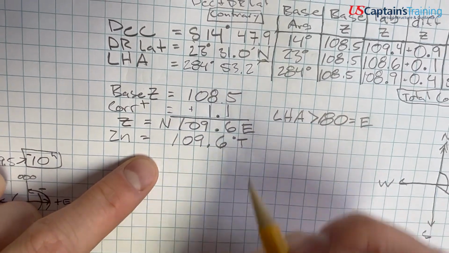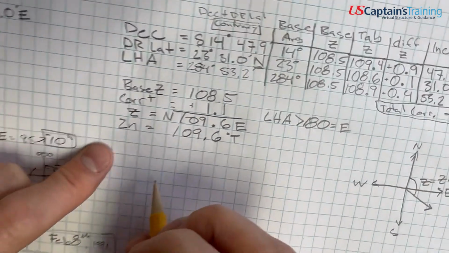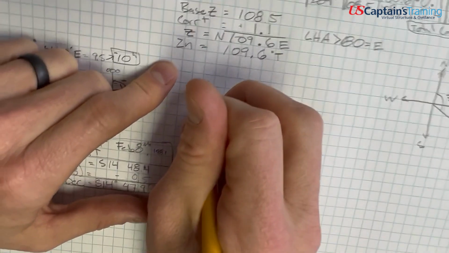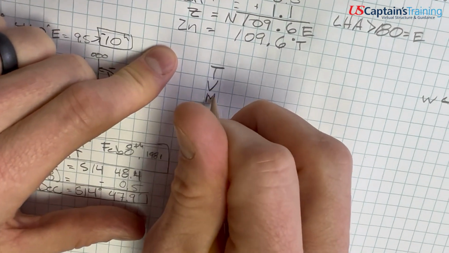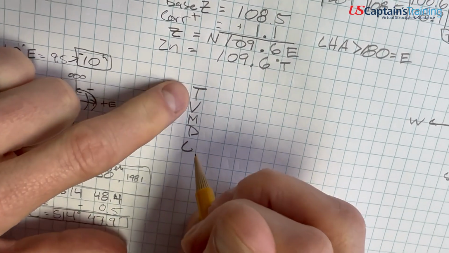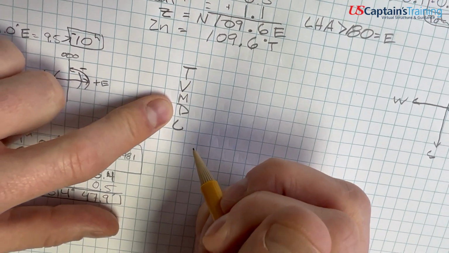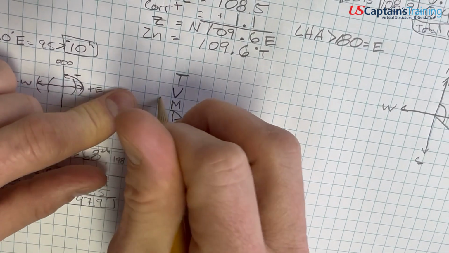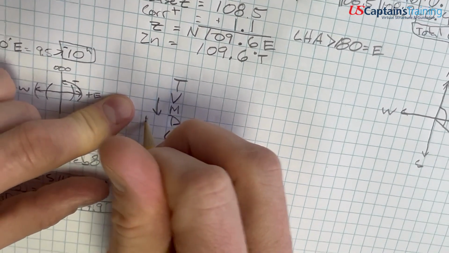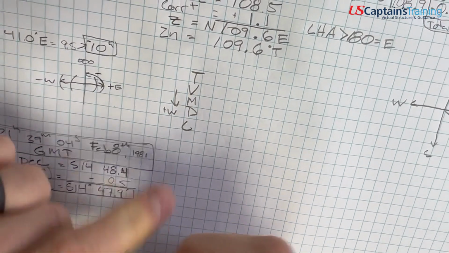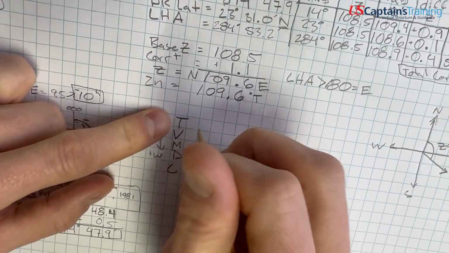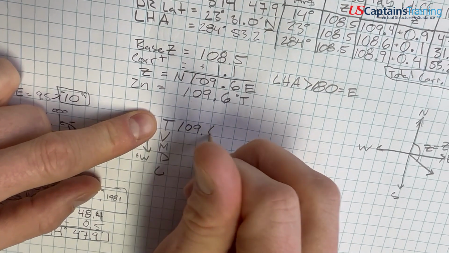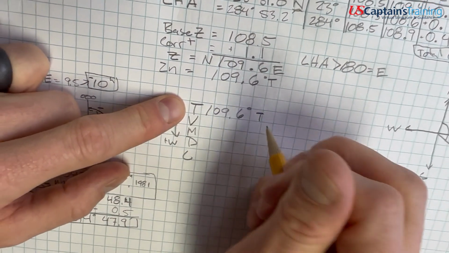So Zn is just equal to Z, which is equal to 109.6 degrees true. Let's correct our compass and say TVMDC: true, variation, magnetic, deviation, compass. We're going down. If we go down, we add west. So 109.6 degrees true.